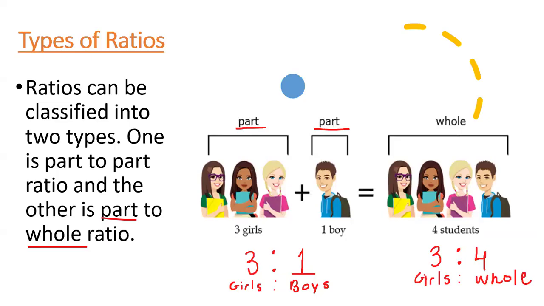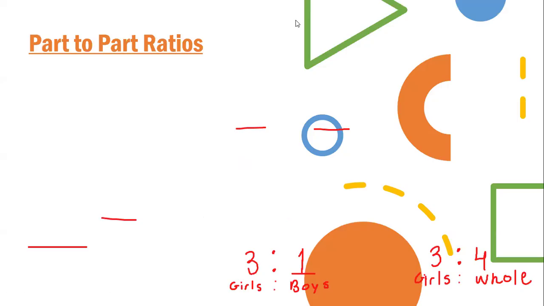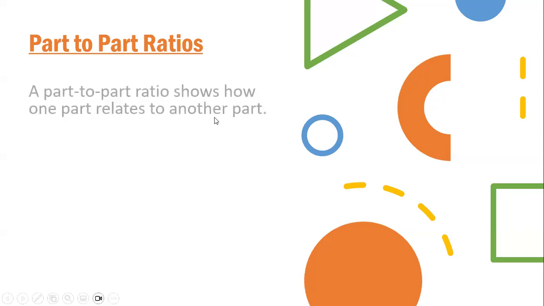For part to part, write this one down: a part to part ratio shows how one part relates to another part. Like I said, both of those have to be subsets of the entire whole. That's what I mean by part to part.